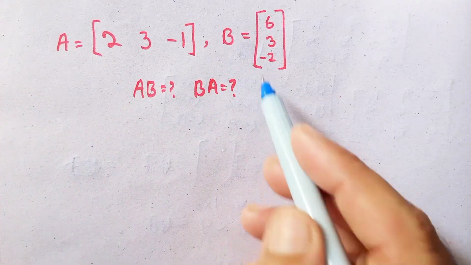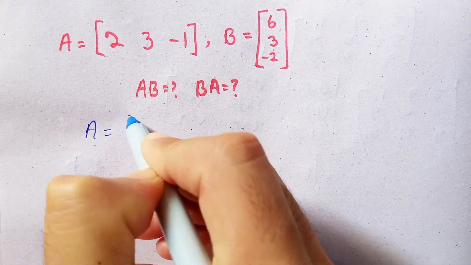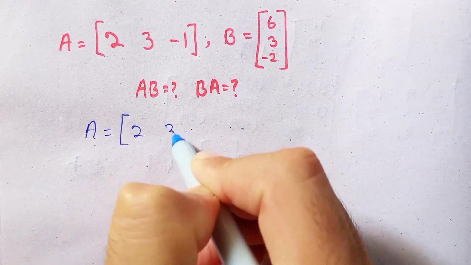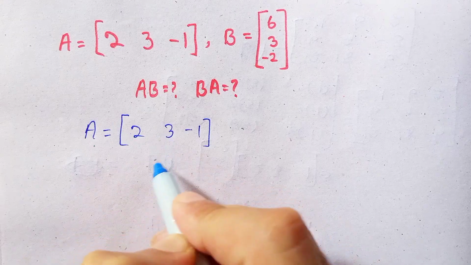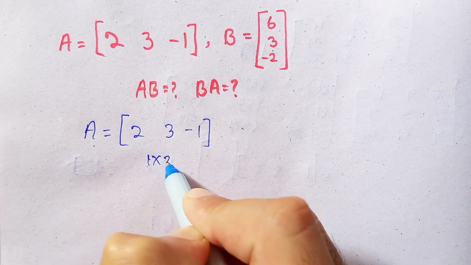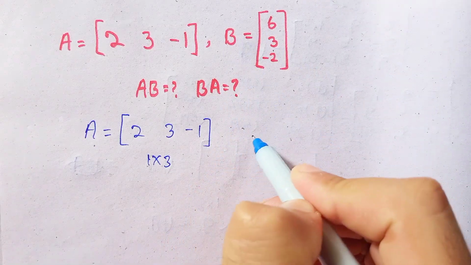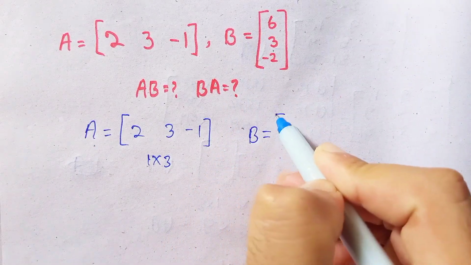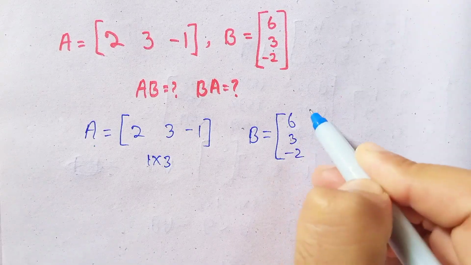So we will write these two matrices as a matrix A which contains the elements 2, 3, negative 1. Here the order of matrix A is 1 by 3 because there is one row and 3 columns. We can write the matrix B as B equals 6, 3, negative 2.